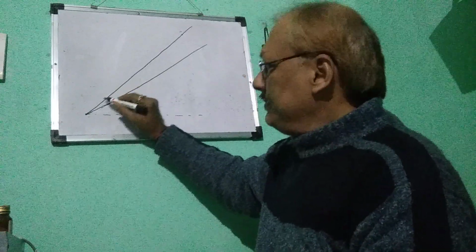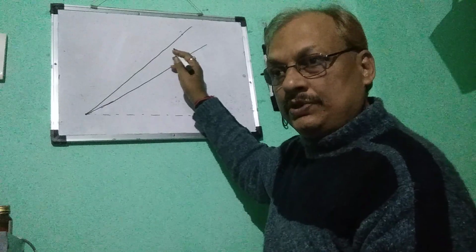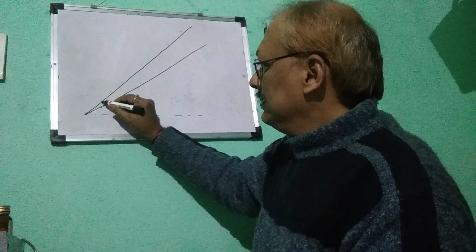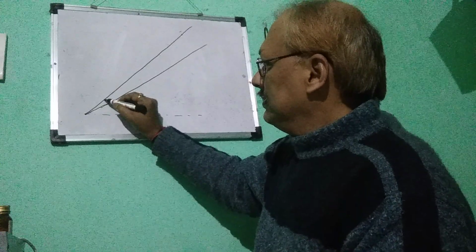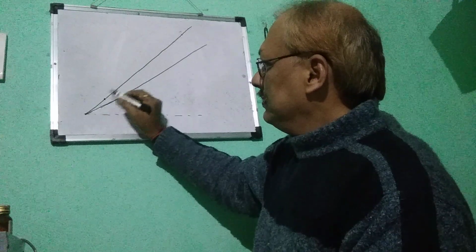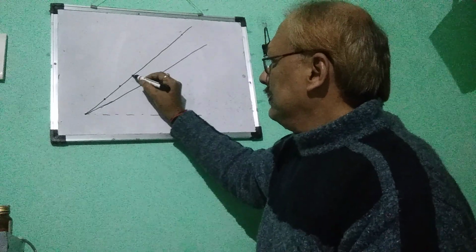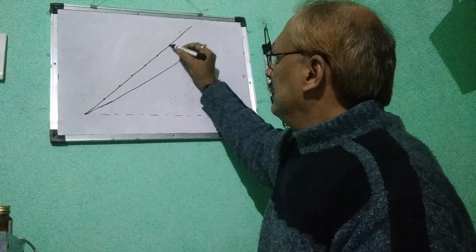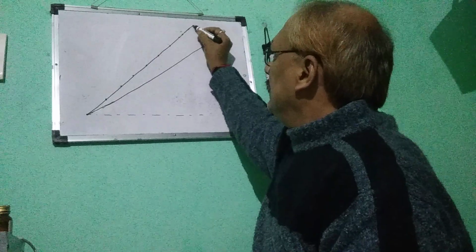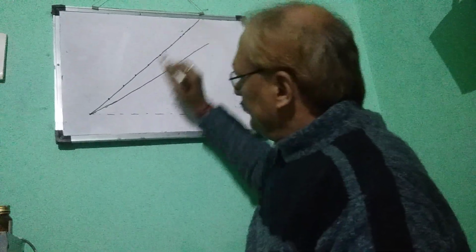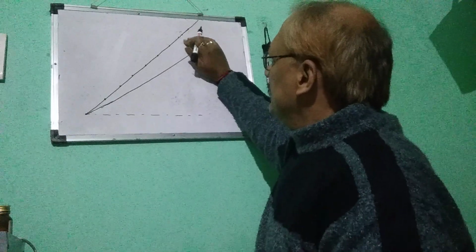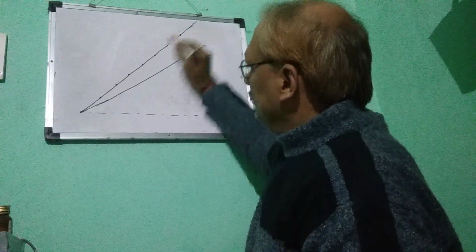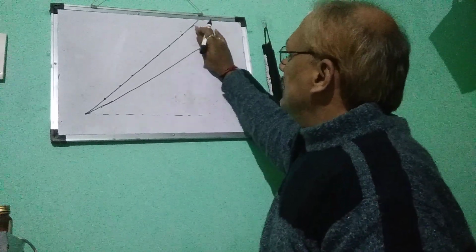Here you could make any number of graduations, suppose 10 graduations. Okay, 6-7 graduations, that will be 1, 2, 3, 4, 5, 6, 7 graduations.